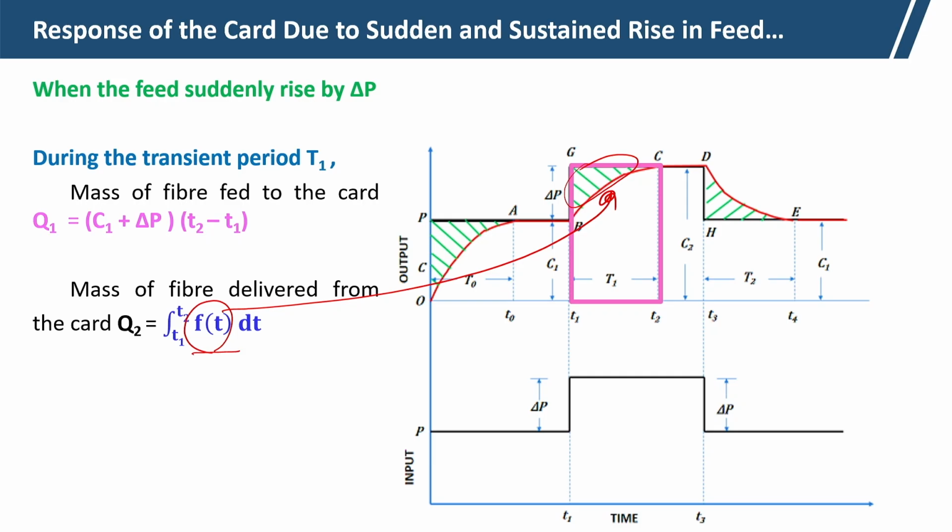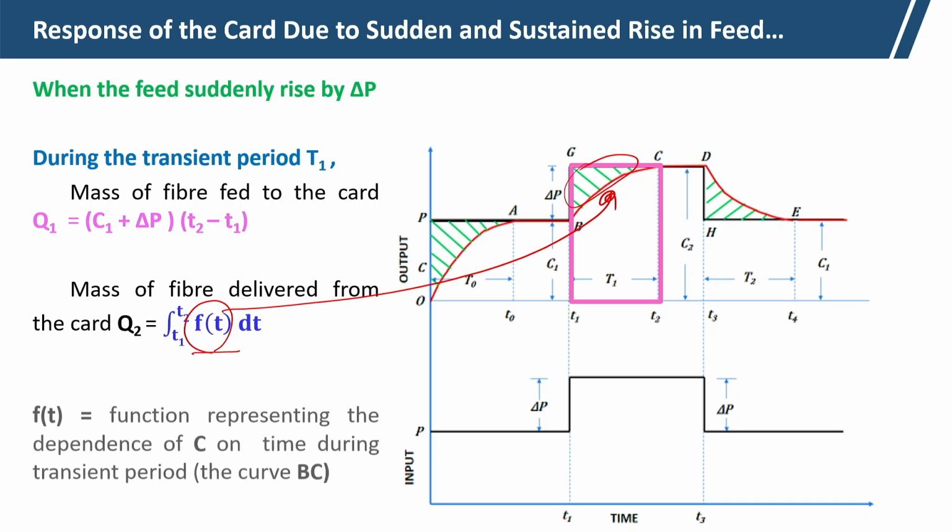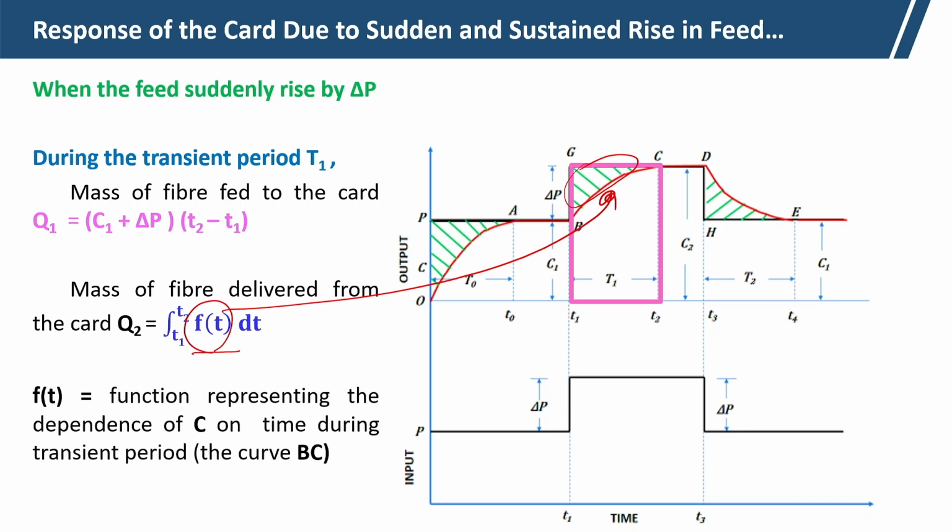So, this is the function of this curve, T1 and T2, during the time T1 to T2, and Ft is the function that represents the dependence of the C on the time during the transient period BC. So, this function is represented by Ft.